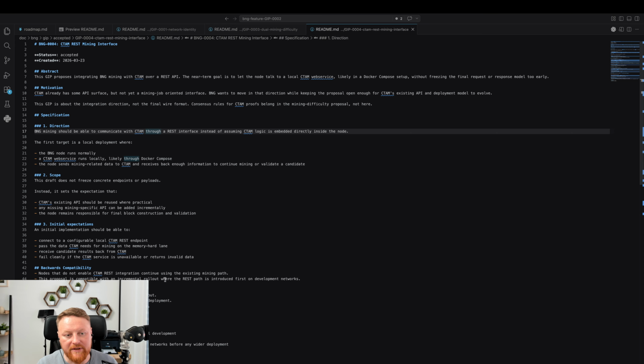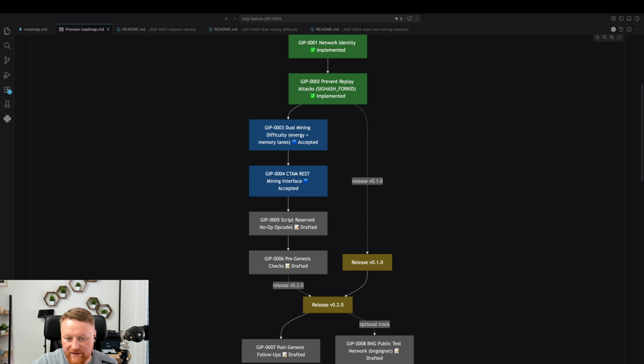Right. So these are two pieces of work on the roadmap, and once this is done we are still going to do some additional changes, to be discussed, such as preparations like pre-genesis checks.